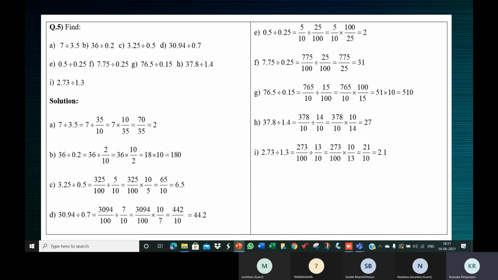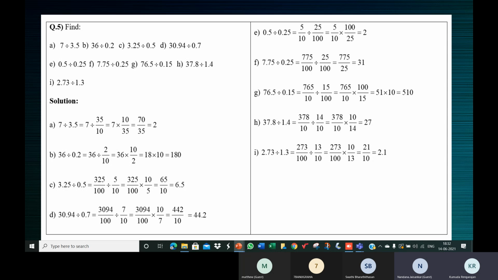Somebody explain H for me. Ma'am, shall I explain? Yes, tell me. Okay, Nandana, try. 37.8 divided by 1.4.